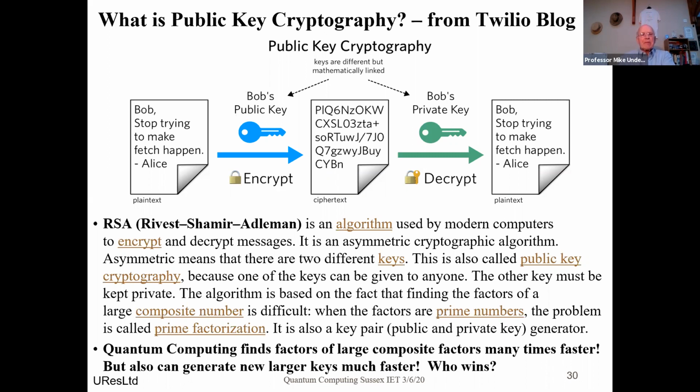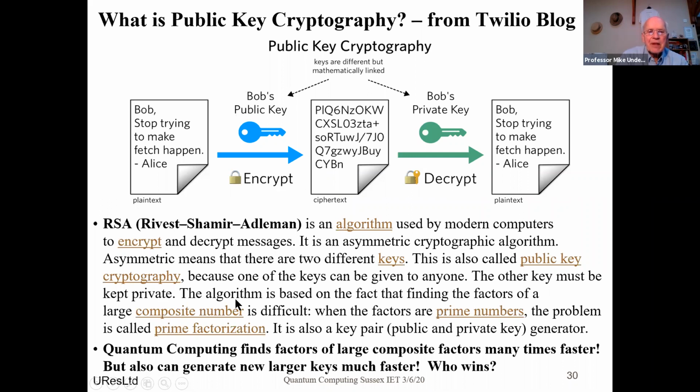Now, this is the basis of something called the RSA Rivest-Shamir-Adleman algorithm, and it's really shown quite well in what has been shown above. It's called public key cryptography because the keys can be given to anyone, but the other key must be kept private.